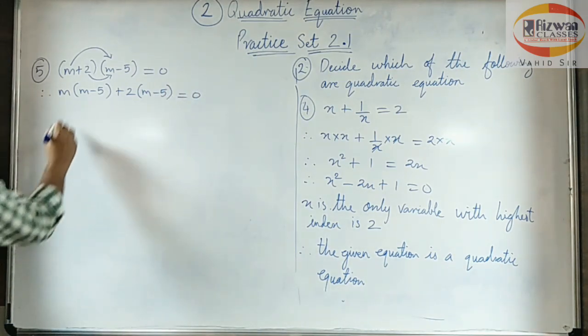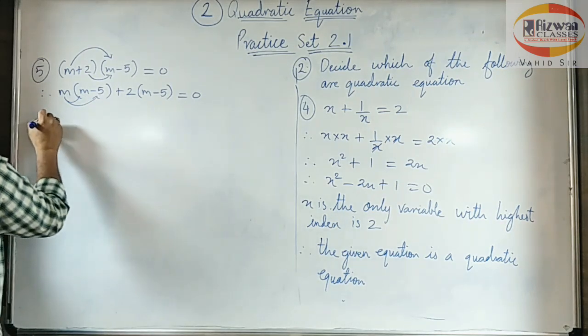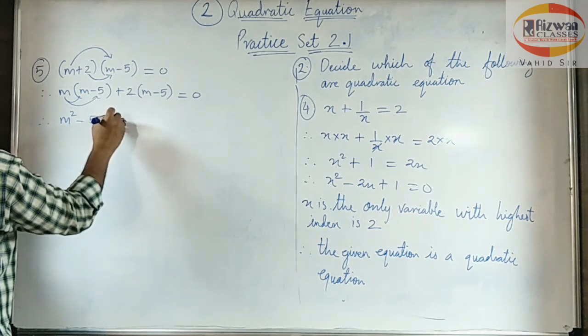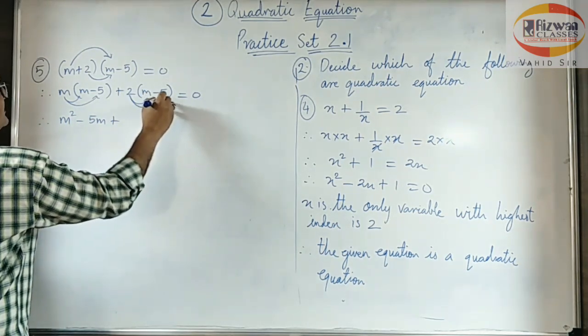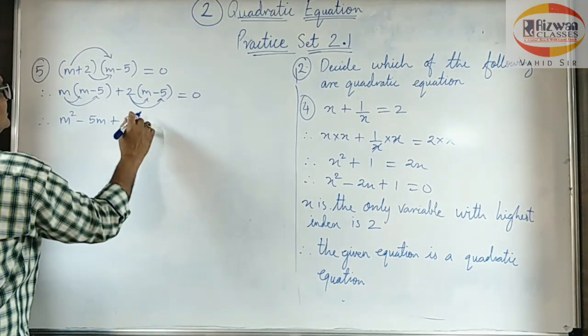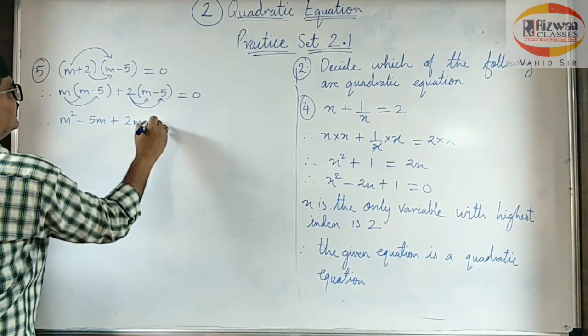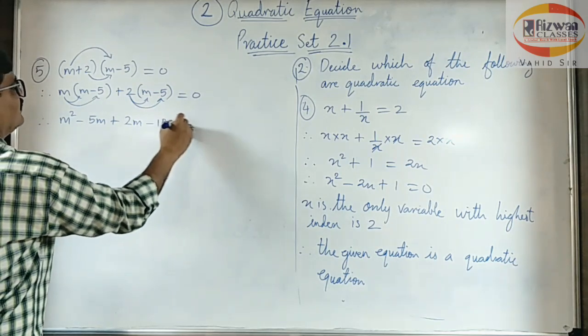Now this m will multiply with m and with 5, so you will be getting m square minus 5m. Plus, here also 2 will multiply with m and with 5, so you will be getting 2m, minus, plus into minus is minus, 10 equals 0.